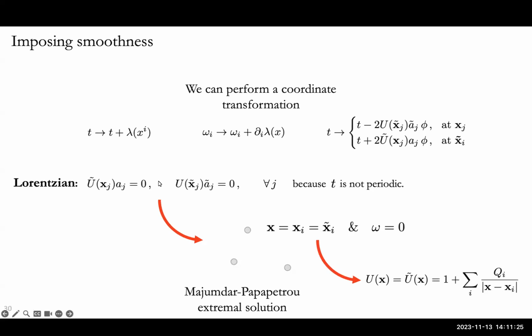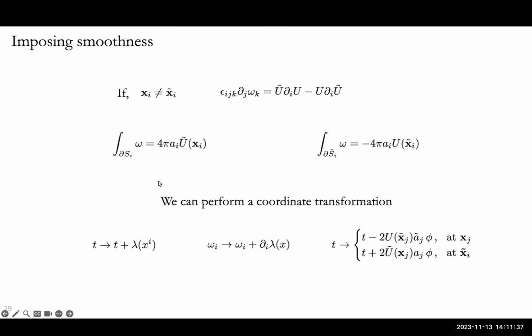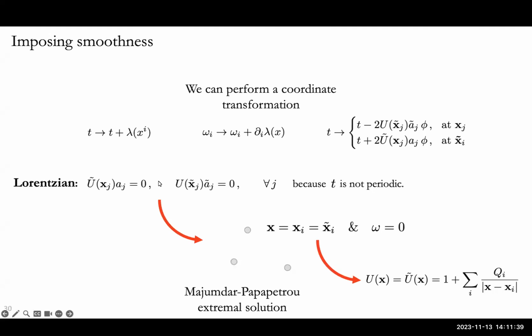Because I want a coordinate change that's a local diffeomorphism, not a large diffeomorphism. So either they are equal to 0, or it turns out that the other solution is for all the poles of u to completely agree with the poles of u tilde, meaning that the north and south poles are not separable, and I can't apply Stokes' theorem in the way that I just did.